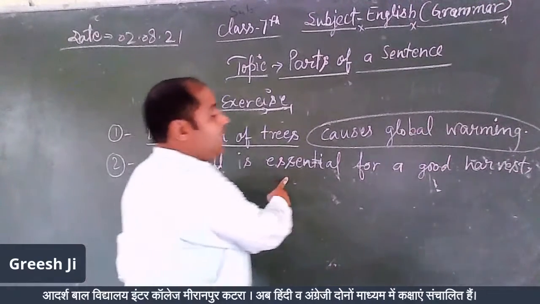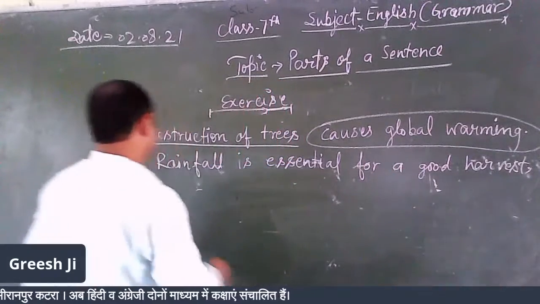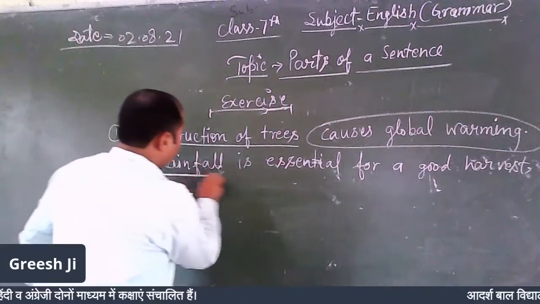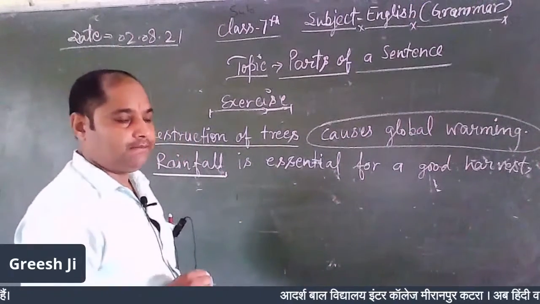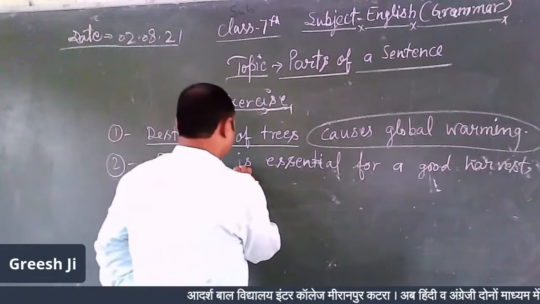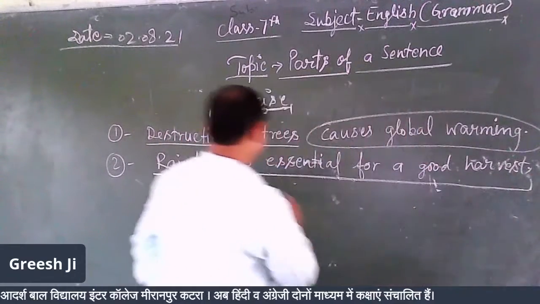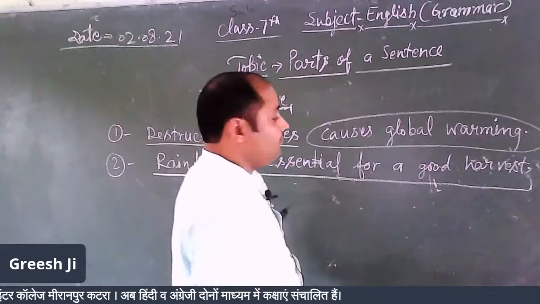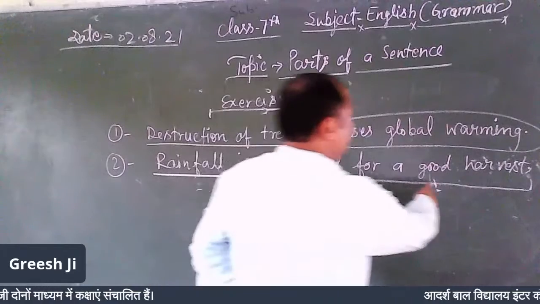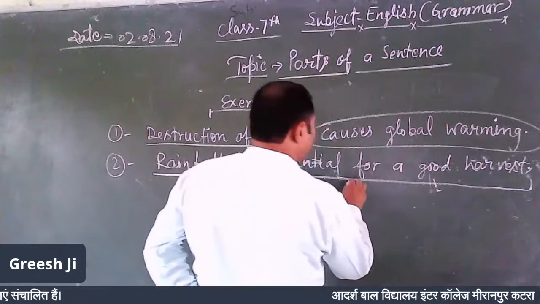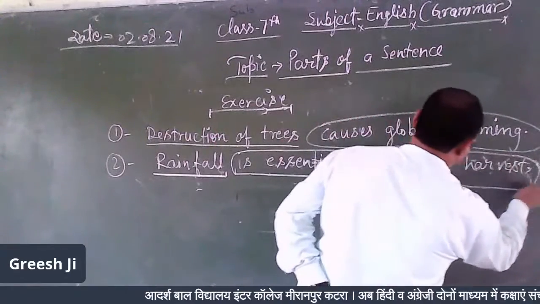Is essential, आवश्यक है, for a good harvest, अच्छी फसल के लिए. Here rainfall is a part of subject. Is essential for a good harvest, part of predicate. So I circle this part of the sentence.